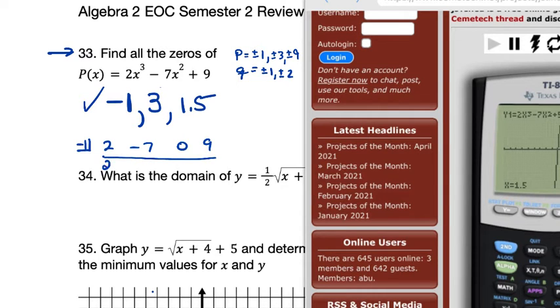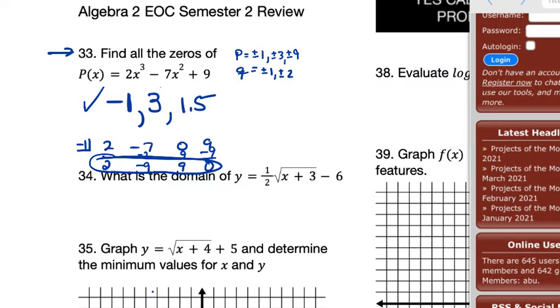Let's see, I bring down the 2, -2, -9, 9, which is 0. Oops, 0 plus 9 is 9. And -1 times 9 is -9. It came out to 0, but the point is, I now know that -1 is a solution, and then you could factor this 2x squared minus 9x plus 9 to find your other solutions.